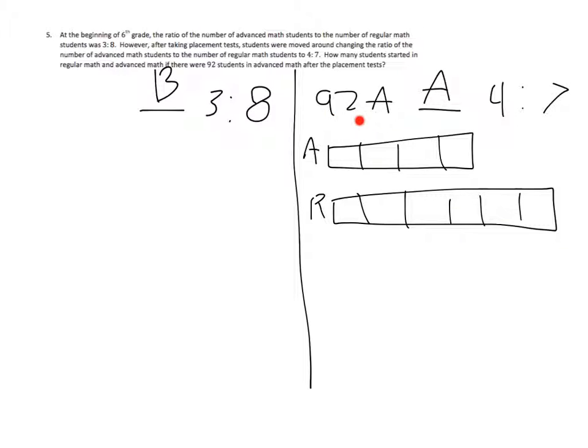We have 92 students in advanced math after. So we can take that 92 and split it up amongst the 4 sections of advanced math. To do that, we do 92 divided by 4, and we will get 23. So there's 23 in each section of the advanced. That must mean there's 23 in the regular.